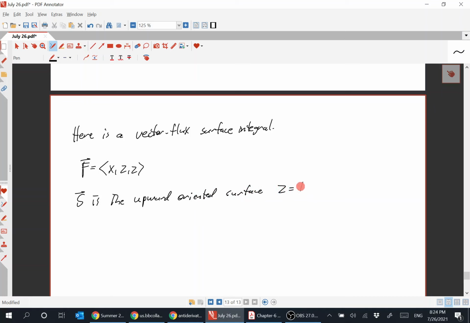surface z equal to 1 minus y squared above the rectangle 0 less than or equal to x less than or equal to 2, 0 less than or equal to y less than or equal to 1.